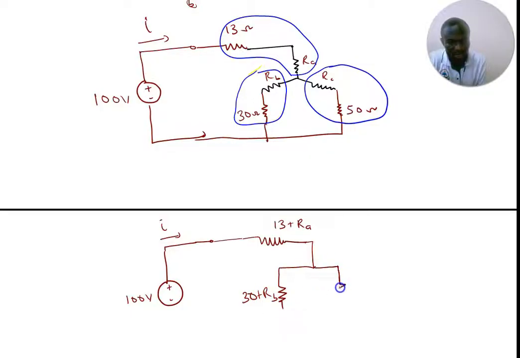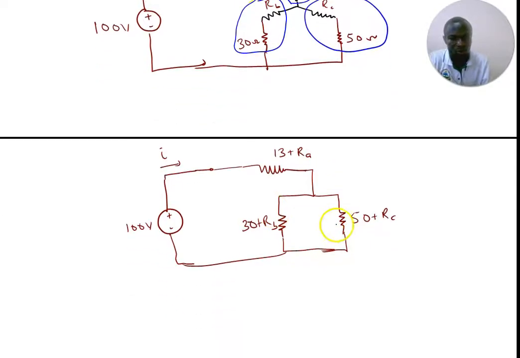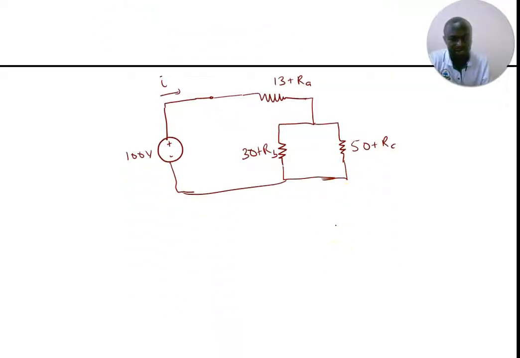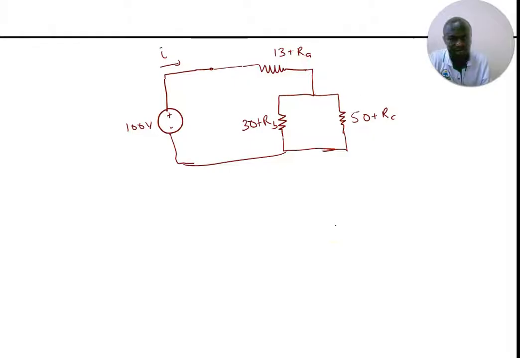Then there will be another resistor here, which is going to be 50 plus RC. So now this is what I get, something like this. You get it? So we are still reducing the resistors. So what do I have now?